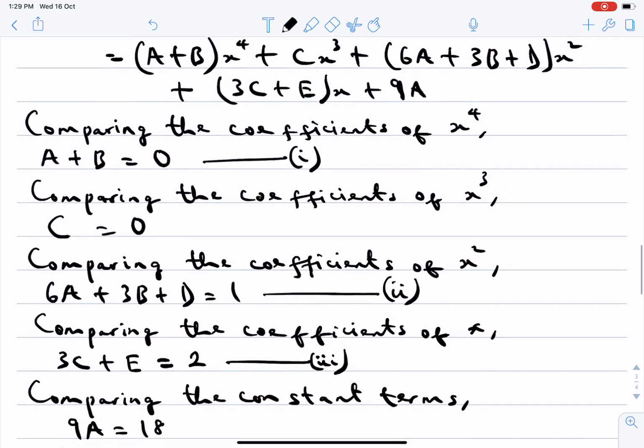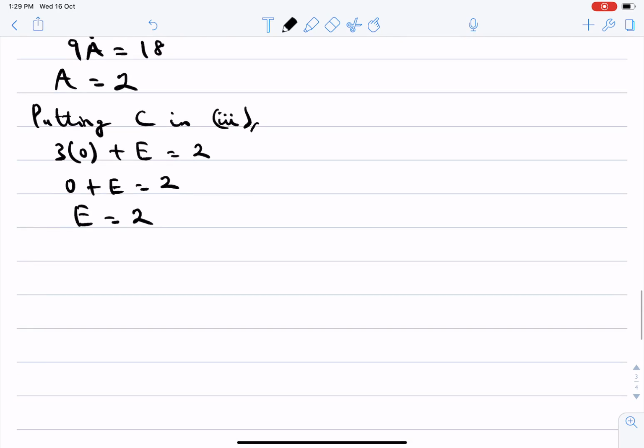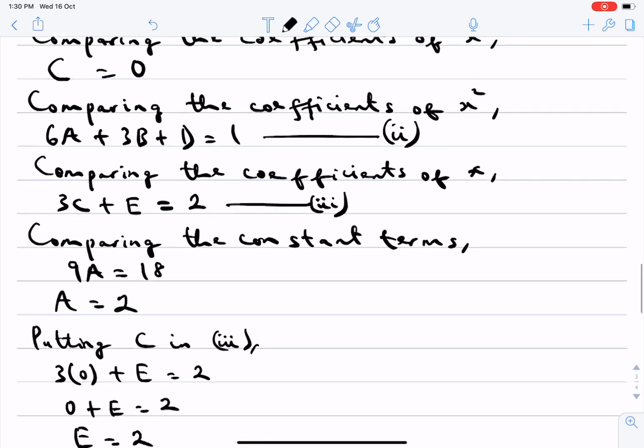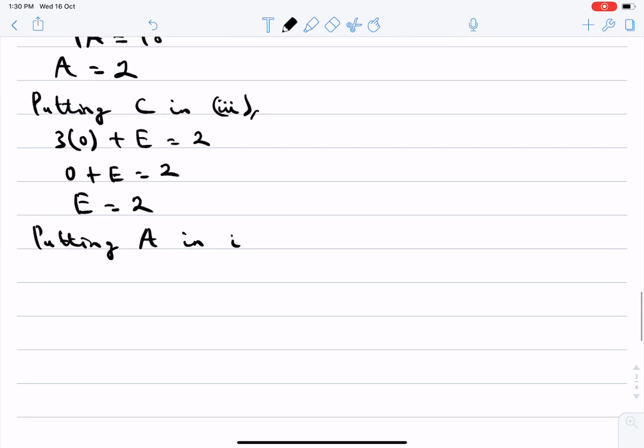What else? a plus b equals 0. Since I already know the value of a, putting a in equation 1, 2 plus b is equal to 0, and that means b is equal to minus 2.